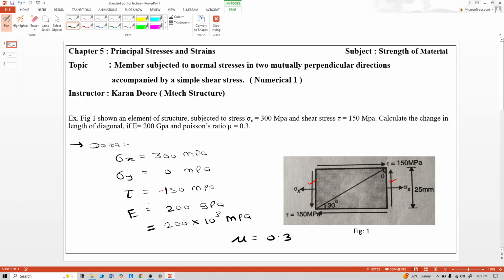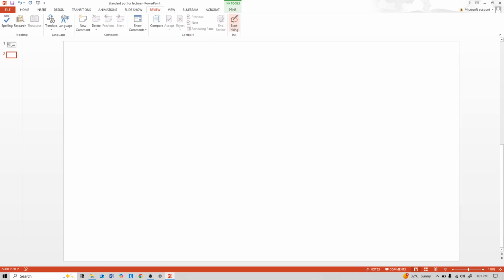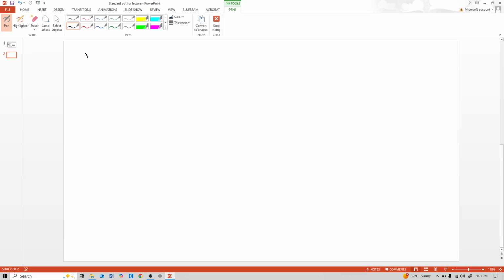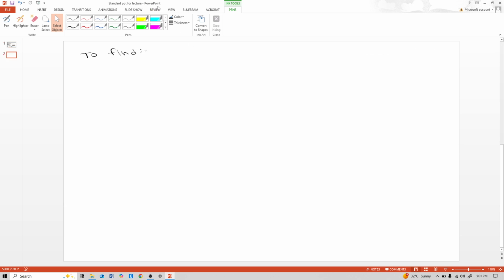That means lateral strain divided by linear strain, for a homogeneous material within its elastic limit. And we need to find the change in length of this diagonal, that means delta L.